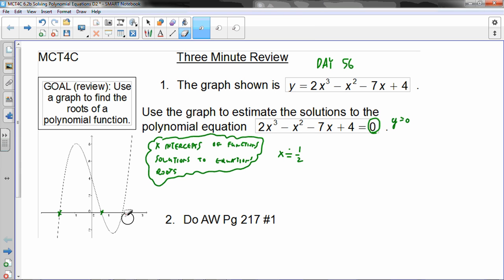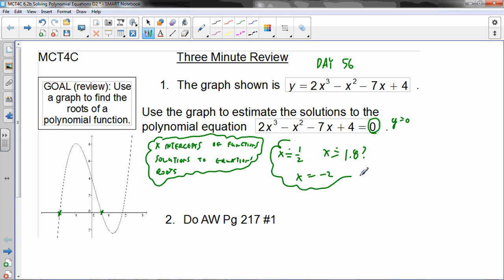I put a big X there, which messed me up a little bit, but x is maybe about, say, 1.8 maybe, and x equals -2. And those are all estimates. And there we go. That equation is solved using the graph. All I would have to do is graph the function and look for the x-intercepts, right? So that's the technique there.